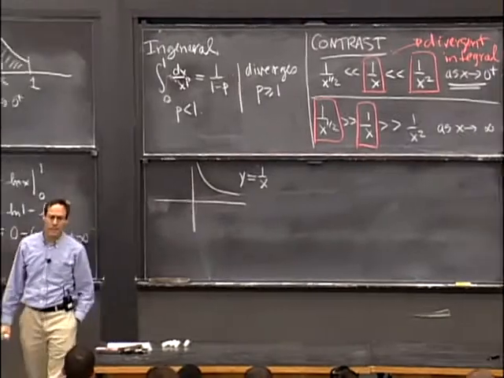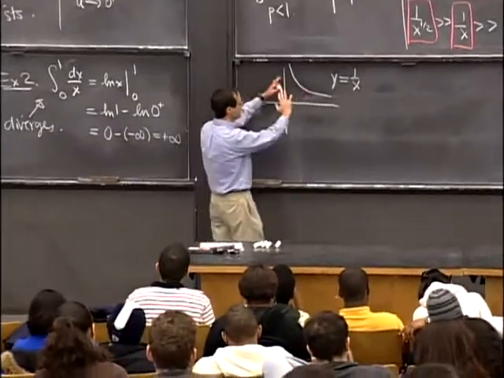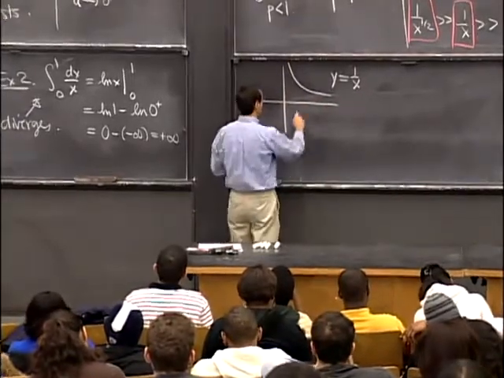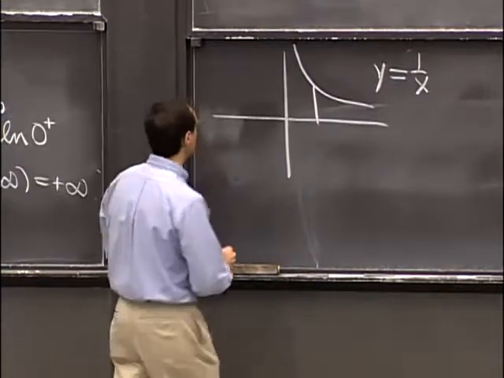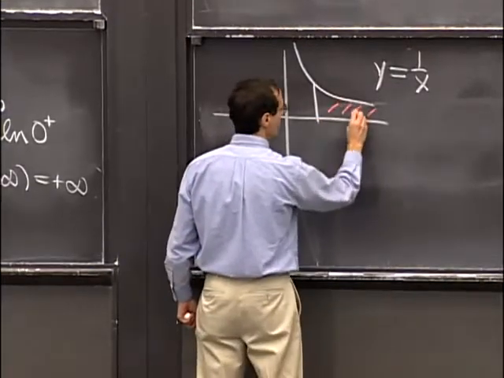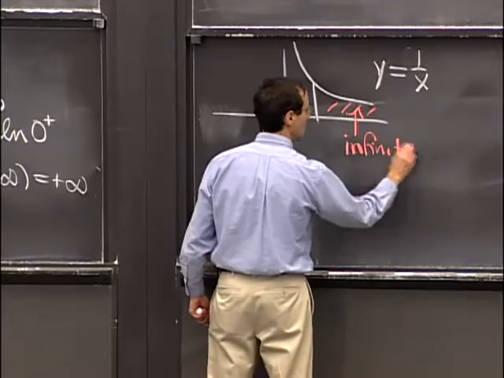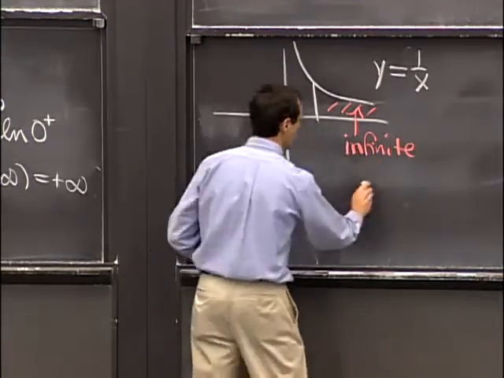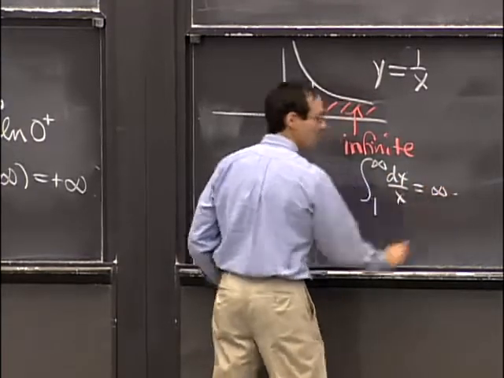All right? That's y equals 1 over x. And that picture is very balanced. It's symmetric on the two ends. If I cut it in half, then what I get here is 2 halves, and this one has infinite area. So that corresponds to the integral from 1 to infinity dx over x being infinite.